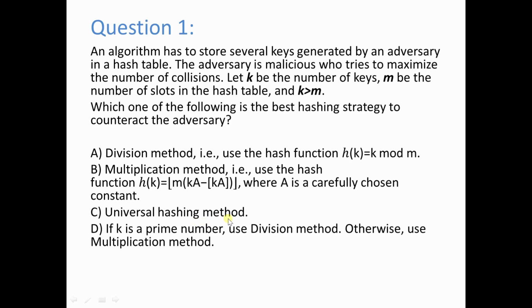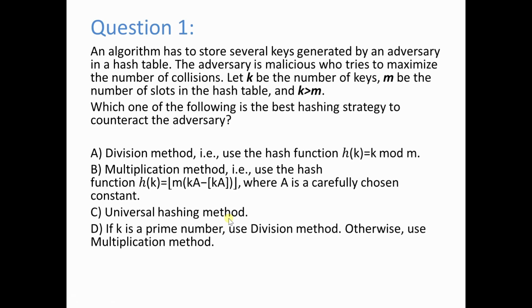Next one is the universal hashing method. The universal hashing method will choose the hash function randomly. It will not depend on any keys. So there is a possibility of reducing the number of collisions.